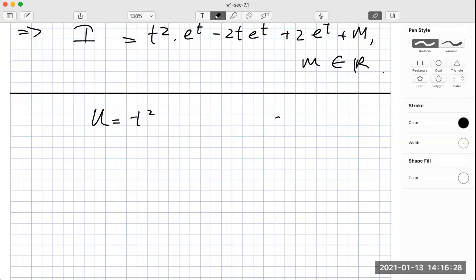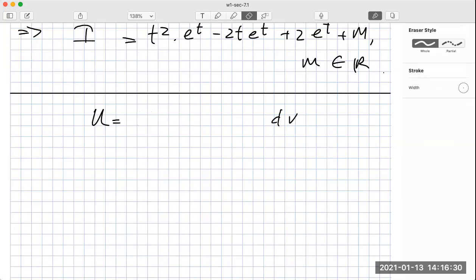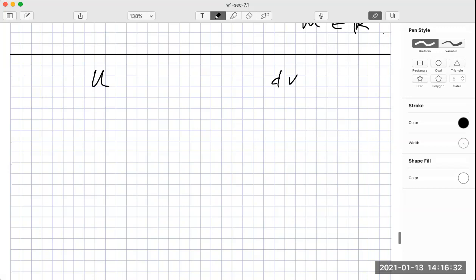And the dv column, let me just write 2 columns like this. Okay, u, the first guy would be t squared. And it is e to the t, right?